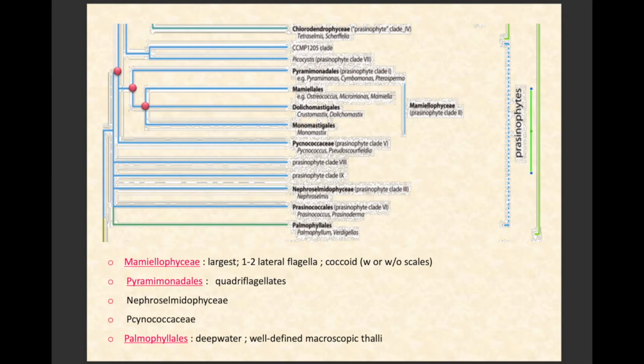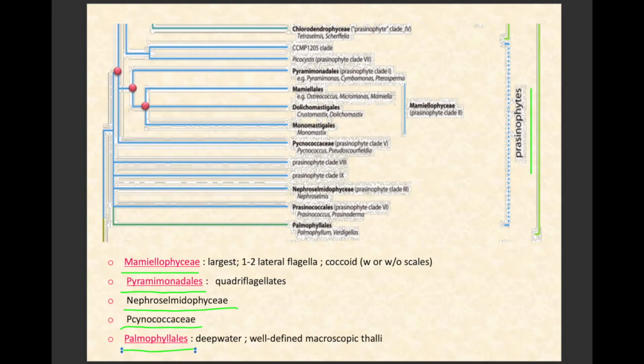Your Mamiliales, Pyramimonadales, Mastigales. Yeah, yung mga yan, no? So, these are your different groups here under your Prasinophyceae. We have your Mamiliophyceae, Pyramimonadales, your Nephroselmidophyceae, your Pycnococcaceae, your Palmophyllales.